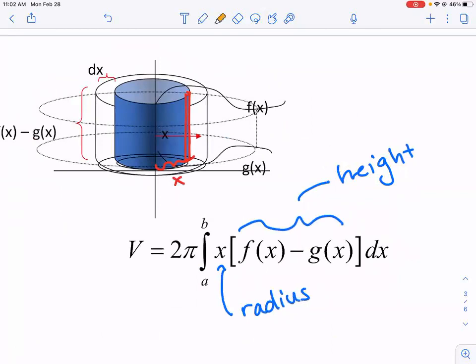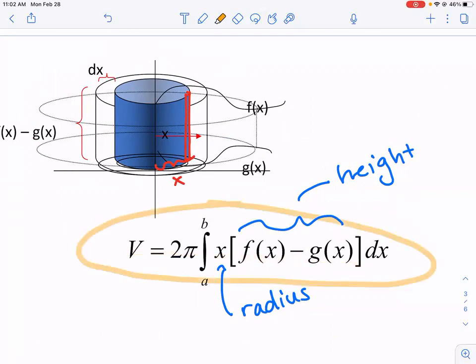This is what's important today. The volume of our cylindrical shell is 2 pi r h times the width. Our radius, how far are we from the y-axis? We're x away. How tall is our cylindrical shell?